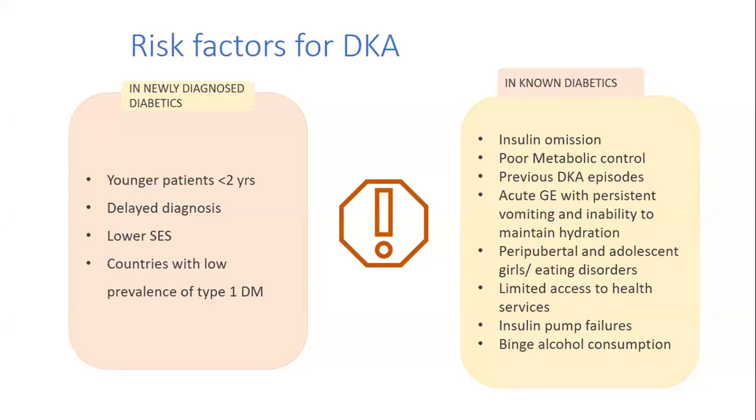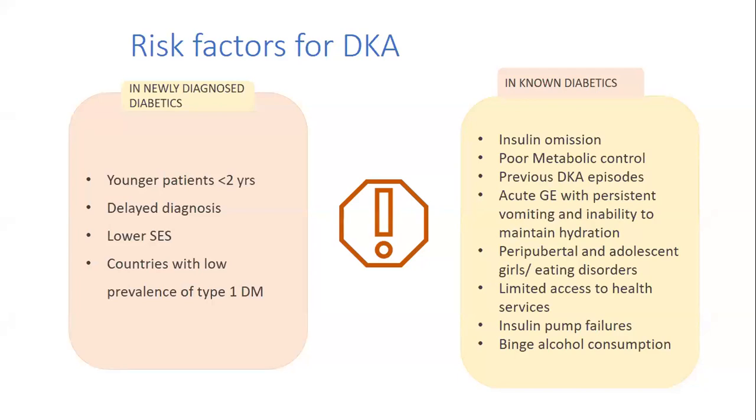Those of lower socioeconomic status, because the health-seeking behavior will be quite different as they are financially constrained. Countries with low prevalence of type 1 diabetes. If you're in a country where prevalence of type 1 diabetes is low, it is very unlikely for you to think about diabetes when you get a child who has, let's say, polyuria. You may think this could be due to a UTI.